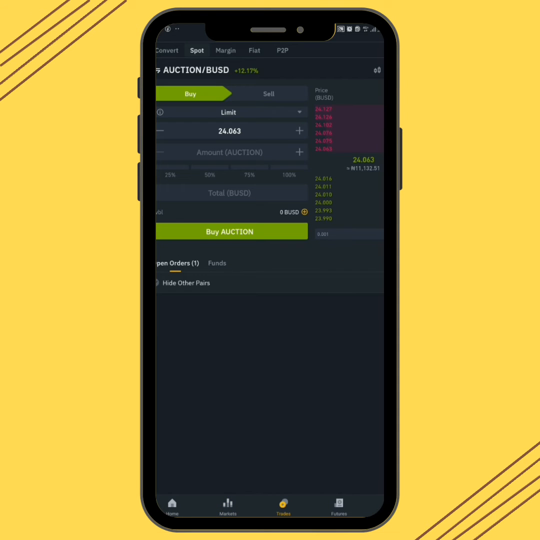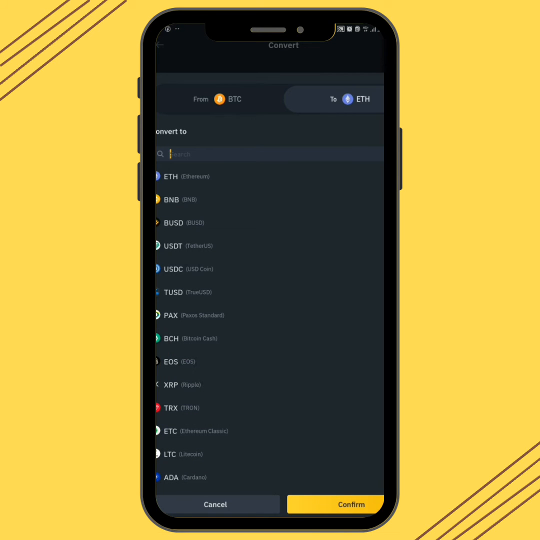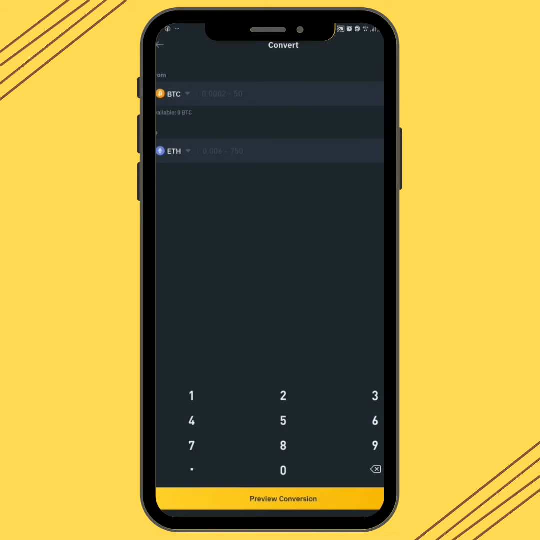So trades. You can see at the top here, you see convert. This is where you convert your crypto. Maybe you want to convert from BTC to USDT. So you choose BTC at the top to USDT. You put the amount that you want to convert, or you put the amount that you want as USDT.